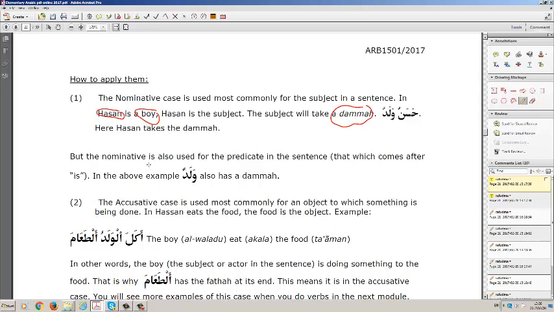In the above example, waladun, Hassan waladun, waladun has a dhamma as well. In other words, in the nominative, the subject and the predicate take the u sound, the dhamma.